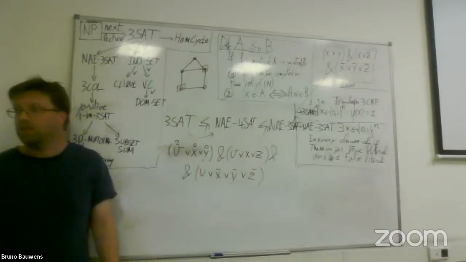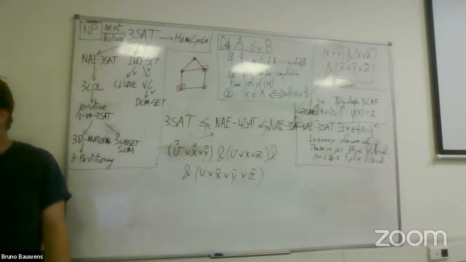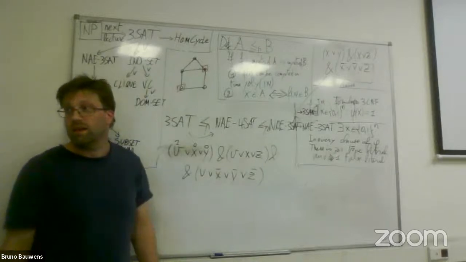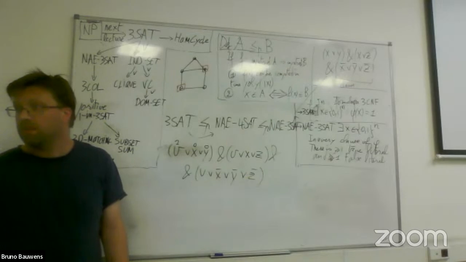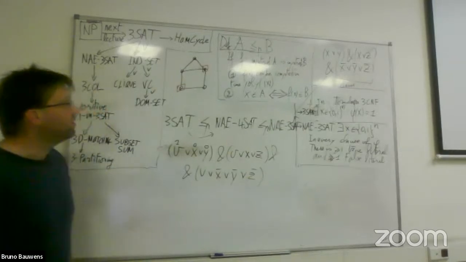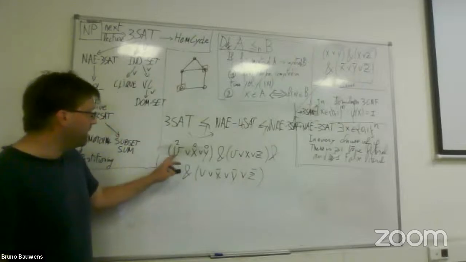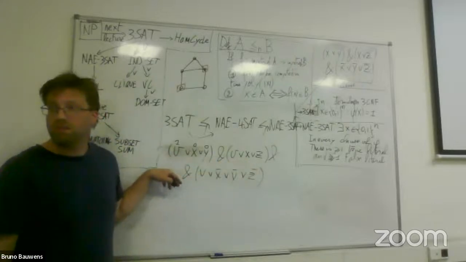If you apply f of x to go from 3-SAT to NAE 4-SAT, the v will be 0. f of x just puts a v in every clause.